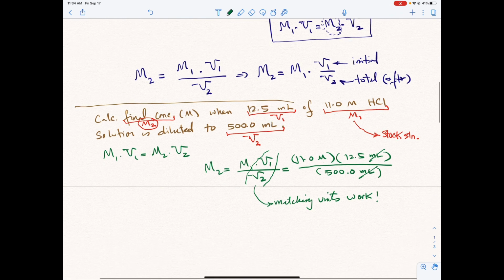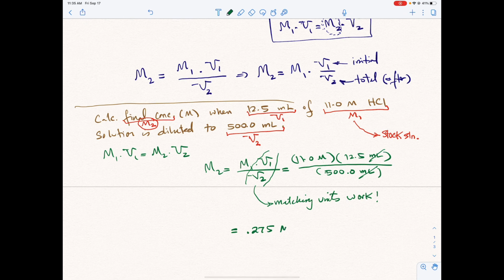So please note that it would be a waste of time to convert my volumes to liters because you don't need to. You just use milliliters because milliliter and milliliter cancel away and your answer will be molarity. So please take out your calculator and solve this. 11 times 12.5 divided by 500. That would be 0.275.